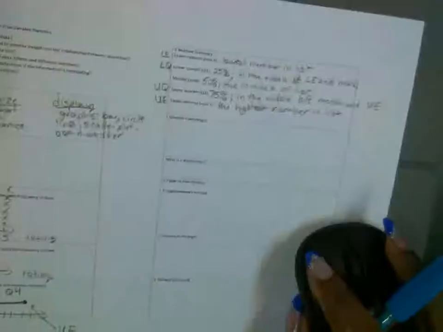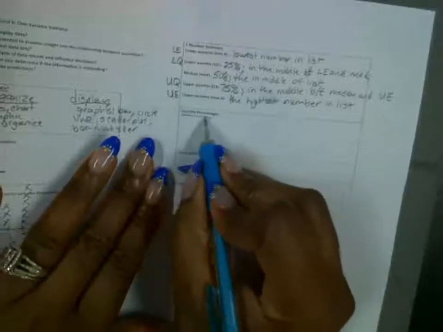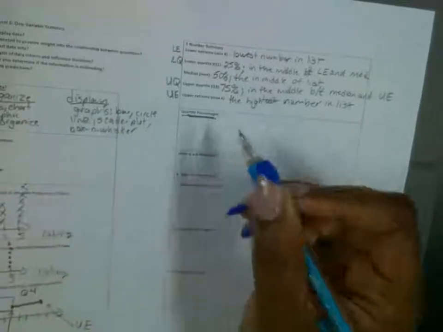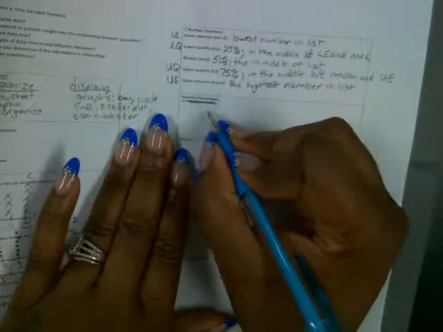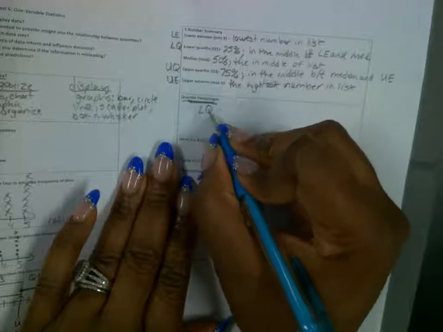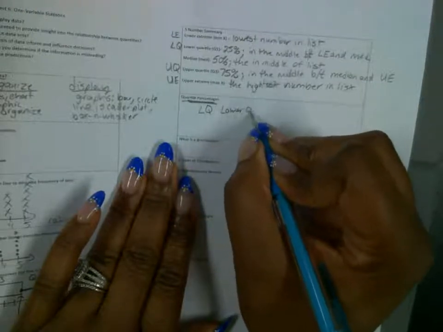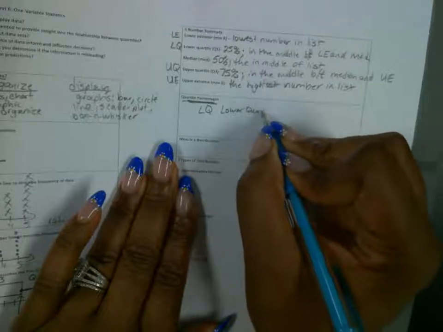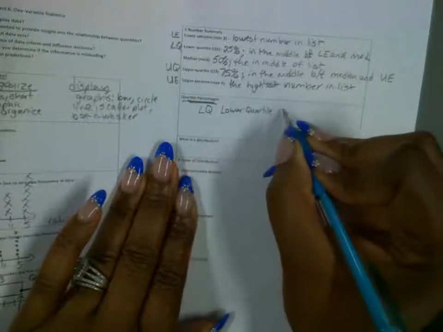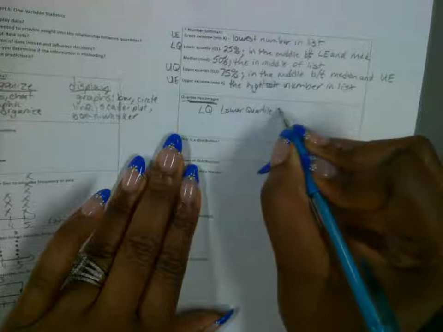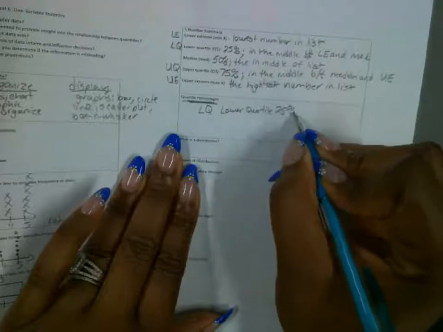Take out the notes from yesterday, please. All right, good folks. We already did the percentages for the different quartiles. Your lower quartile, spell it out, is which percentile? 25th percentile.